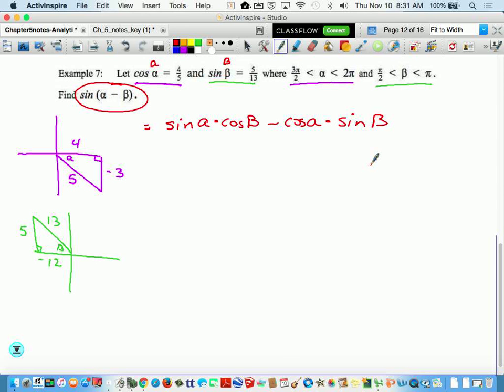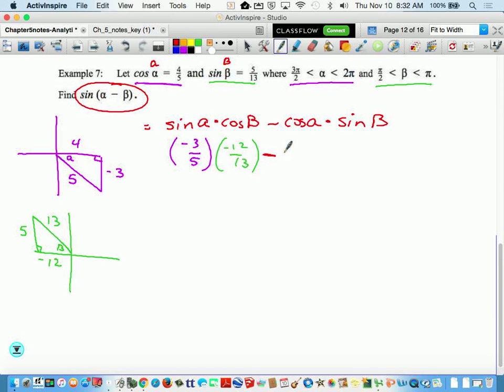What is the sine of A? Well, that's coming from the purple triangle, and the sine is opposite -3 over hypotenuse 5. Cosine of B. Go to your green triangle. What's the cosine of B? -12 over 13, adjacent over hypotenuse.